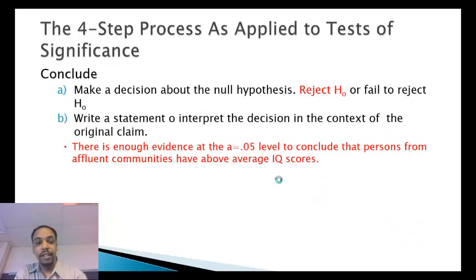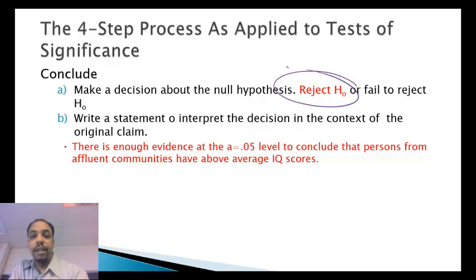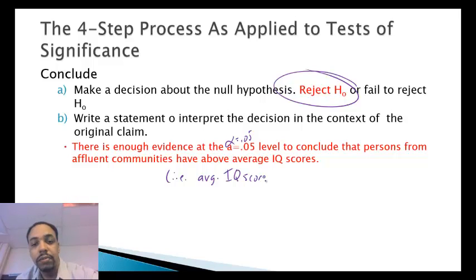And in this case, I'm going to reject my initial hypothesis and say there's enough evidence at the alpha equals 0.05 level to conclude that persons from affluent communities have above average IQ scores, that is, have an average IQ score above 100.